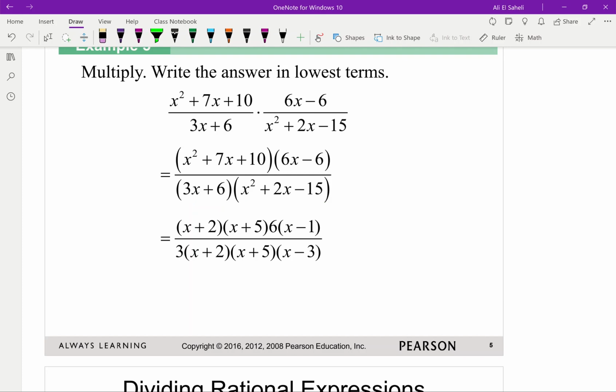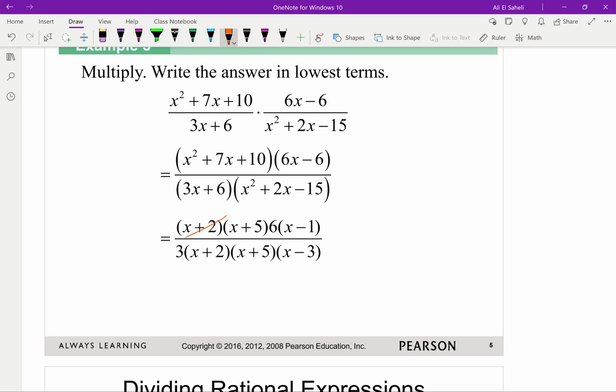Two numbers whose product is minus 15 and whose sum is 2. Okay, so minus 3 and 5. Minus 3x plus 5x will give us 2x. So will give us this term. And minus 3 times 5 will give us the minus 15. This is exactly what we learned before when we did factorization.